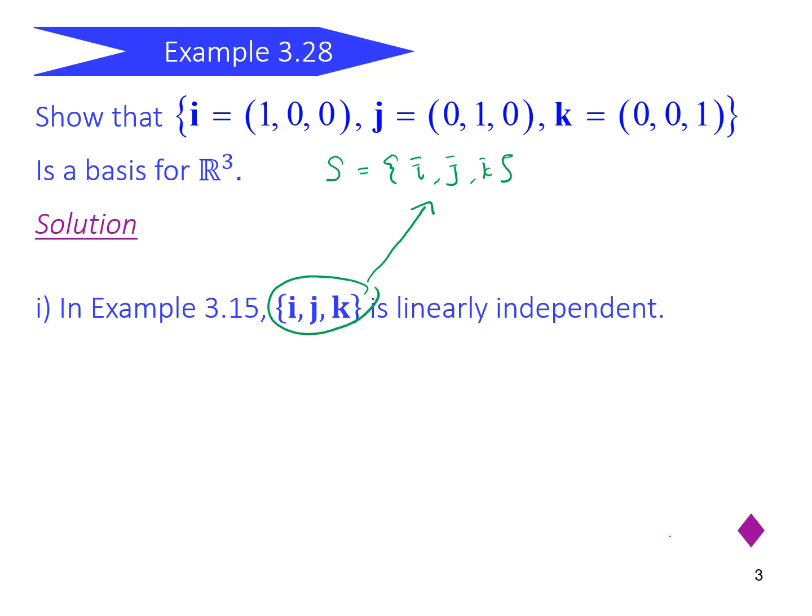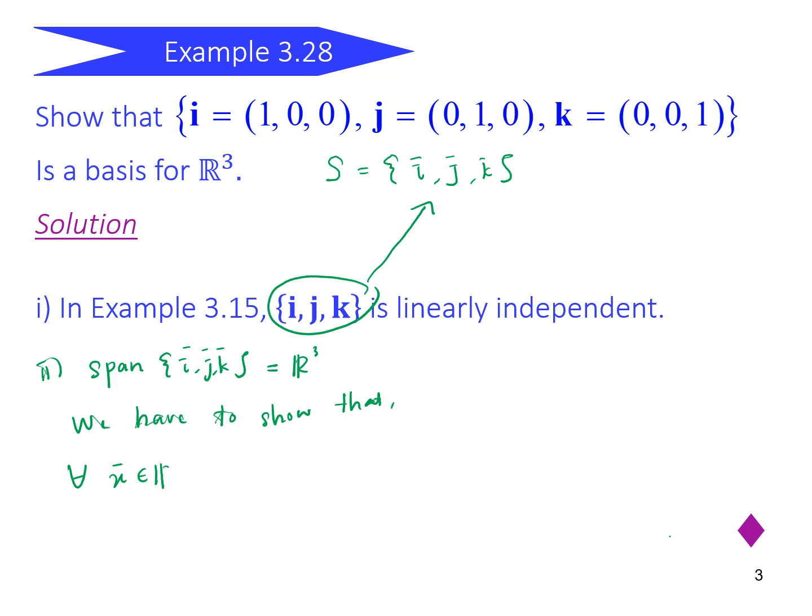What's left is we have to show that span S is equal to R3. To do that, we have to show that every x in R3, x is a linear combination of i, j, and k.